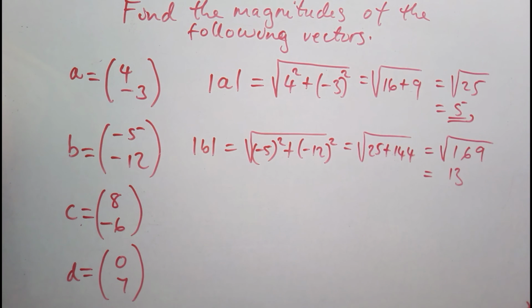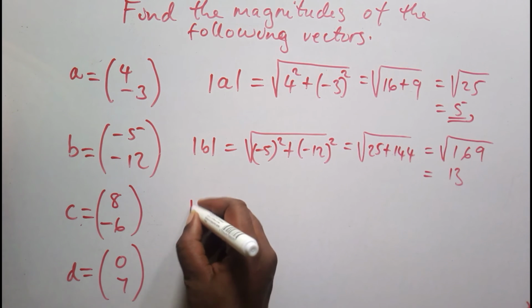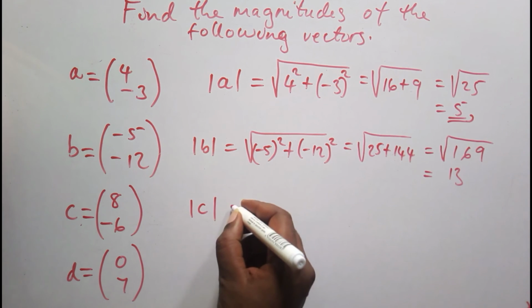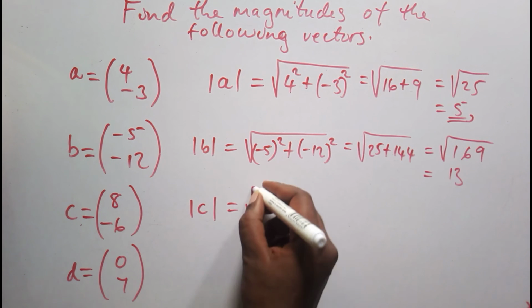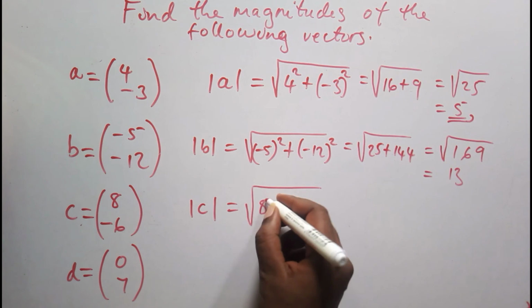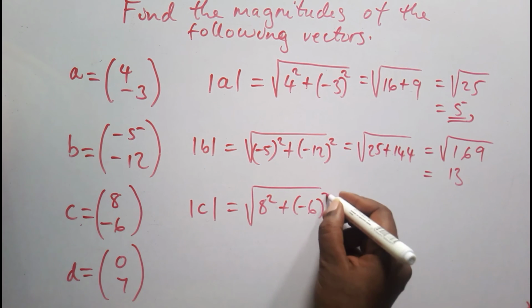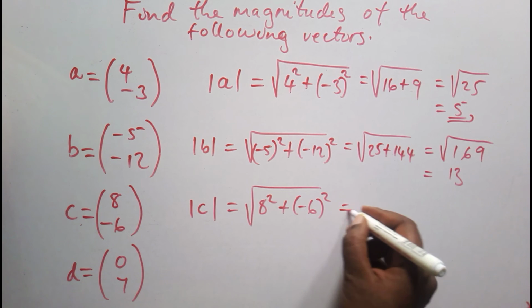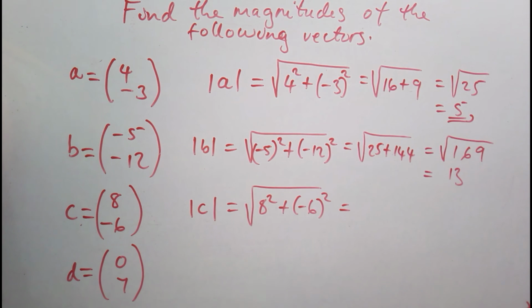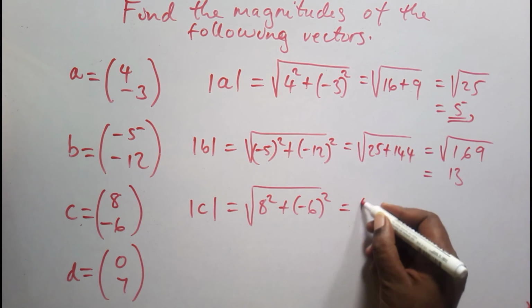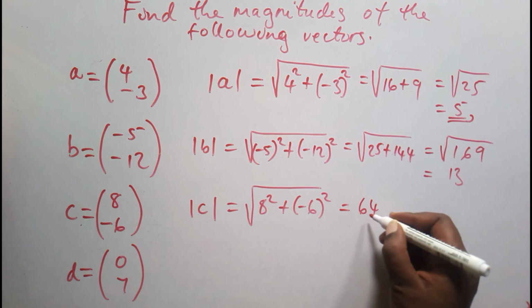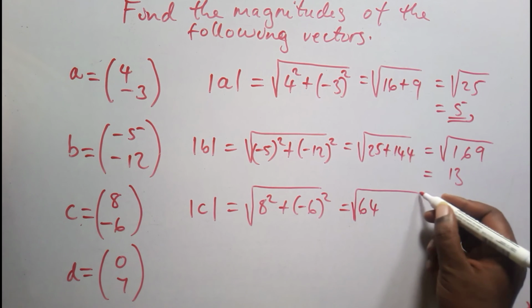Now we move on to the magnitude of vector c. Magnitude of vector c, as we previously stated, is the square root of x squared plus y squared, which is 8 squared plus (-6) squared, because the 8 is our x, then the minus 6 is the y.